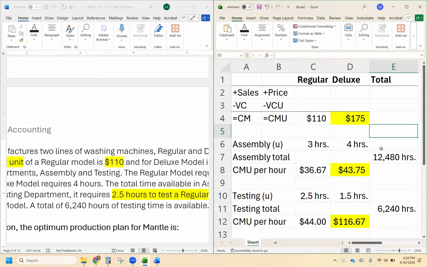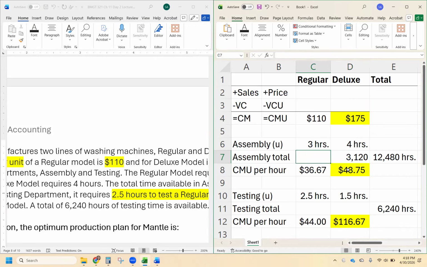That's all the hours we have available. So how many total units can we make? It'll be 12,480 divided by 4 hours per each unit. 3,120. That's how many units we can make.